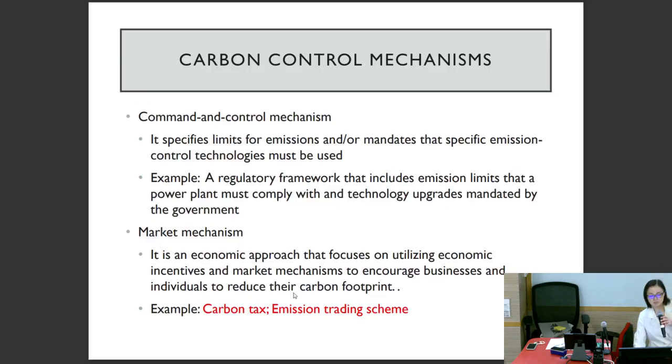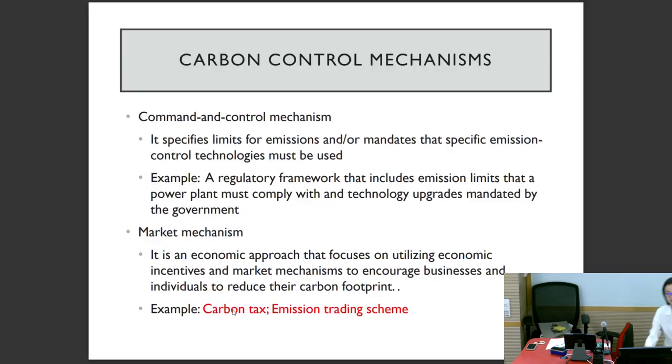For carbon tax, you need to pay a tax according to maybe the carbon content of the fuel that you consume, or the carbon emissions due to the energy that you consume. So you have the choice, you have the freedom to consume more energy and emit more carbon. It's just that you have to pay more.